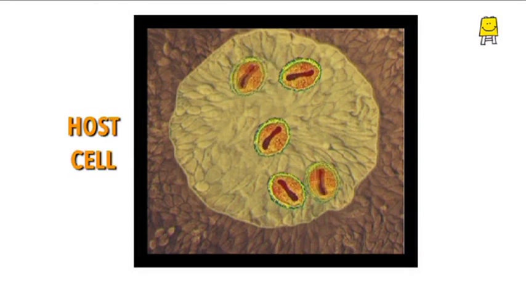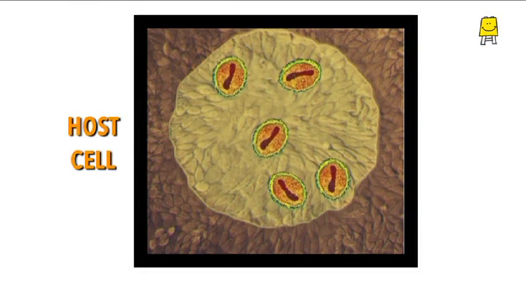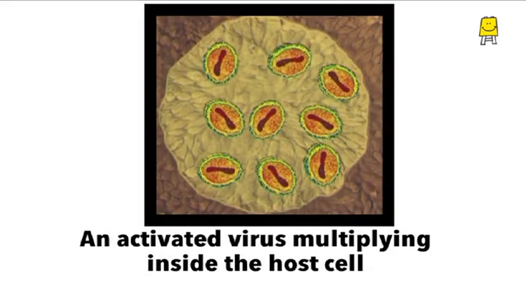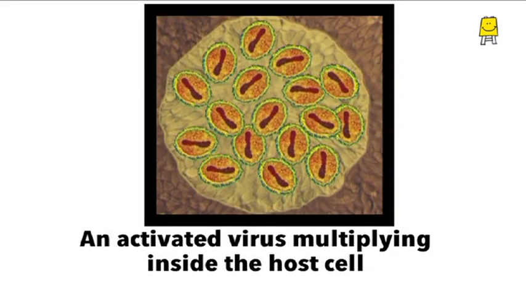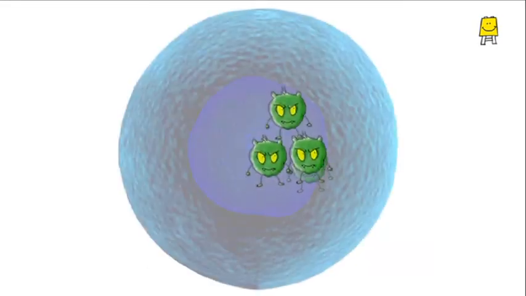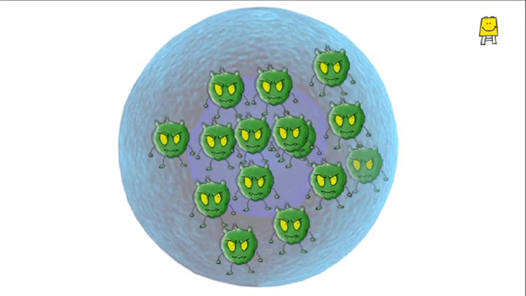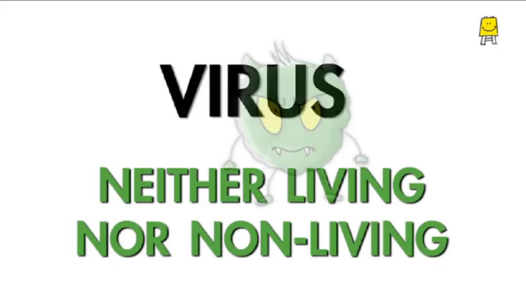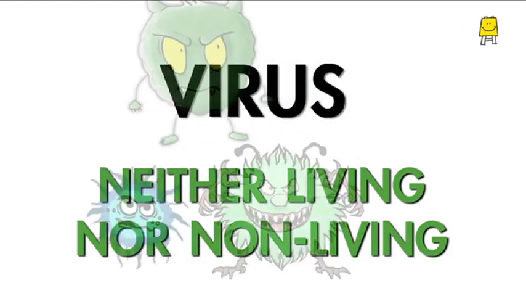Such a cell is called its host cell. The virus starts multiplying by making copies of itself inside the host cell. Non-living things cannot multiply in this manner. Hence, a virus is neither living nor non-living.